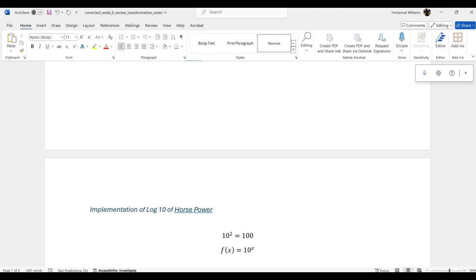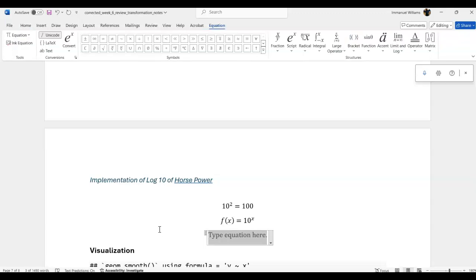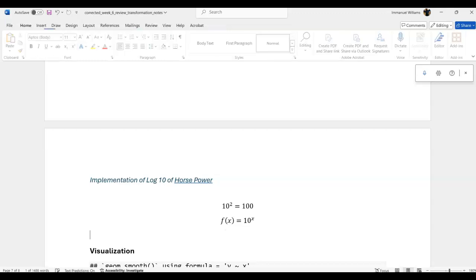And so if I were to inverse this, if I were to apply a log base 10 transformation, I'm essentially taking this log and specifying my base as 10.